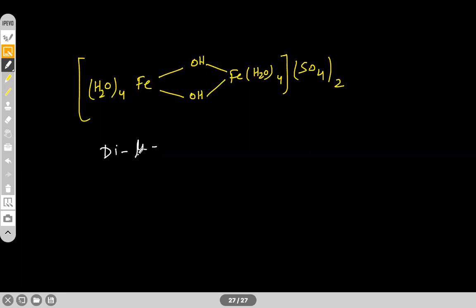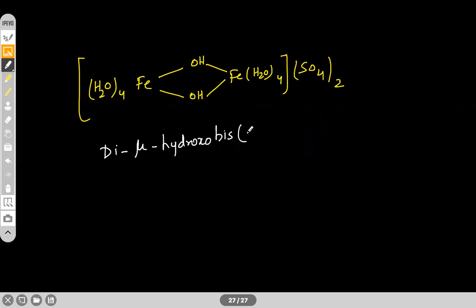Okay, mu, and then 2-hydroxy we have here, right? So di means 2-hydroxy, mu means bridge. Then we'll write hydroxo. Then we have (H2O)4 twice, so we'll write down bis.